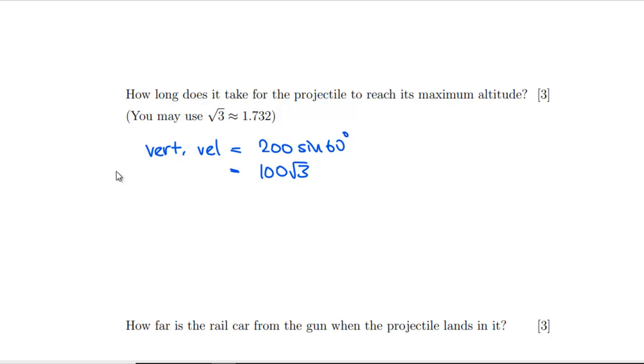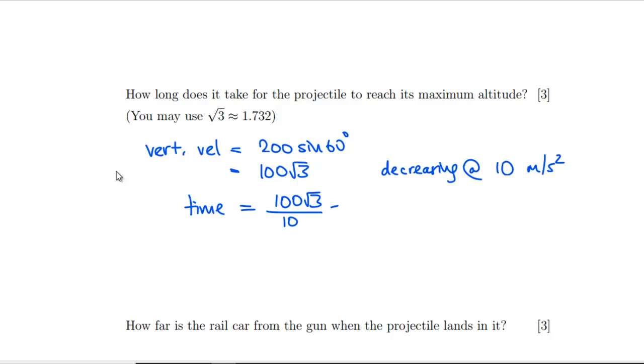And that is decreasing at 10 meters per second squared, i.e. every second we're knocking 10 off of this. So we need to divide. Time is 100 root 3 divided by 10, which is 10 root 3, which is 17.32 seconds, using the value for root 3 that they've given.